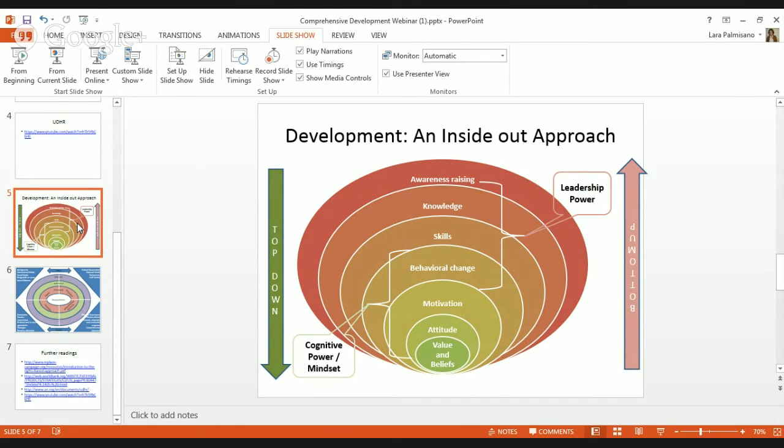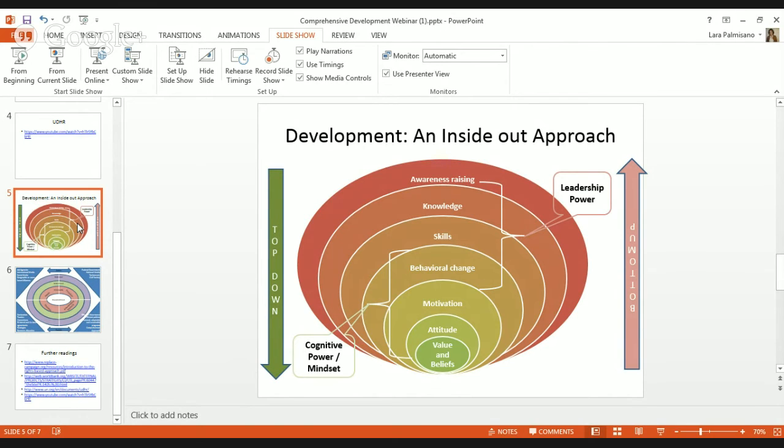On the other hand, if the person or the society is not developed enough or not progressive enough, then the leadership power will have to work from the awareness raising and the knowledge part in order to emphasize the value and the belief system.